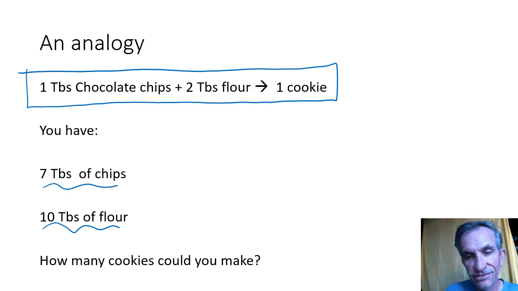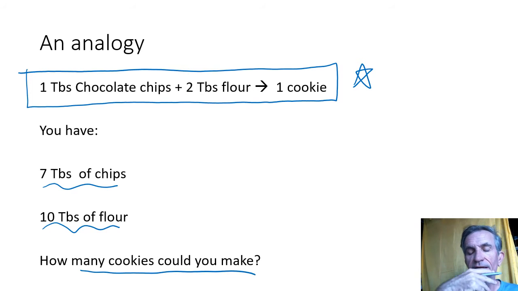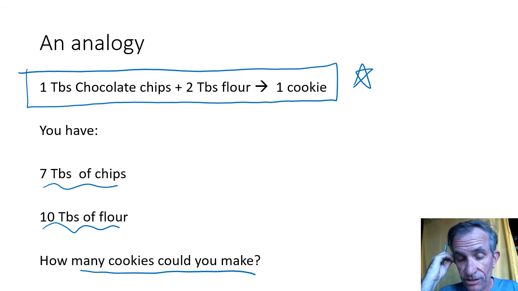And again, this is our recipe. And I say, based on what you actually own, how many cookies could you make? I'm going to let you think about it for a second. Your cabinet has 7 tablespoons of chips, 10 tablespoons of flour. How many cookies could you make using Grandma's recipe?